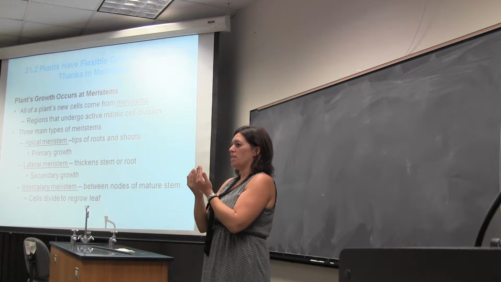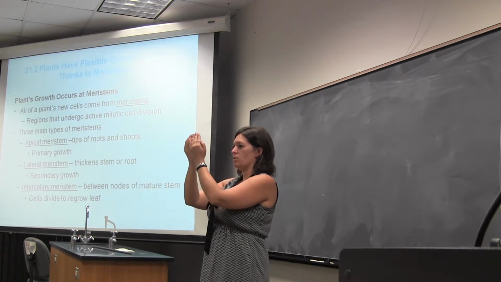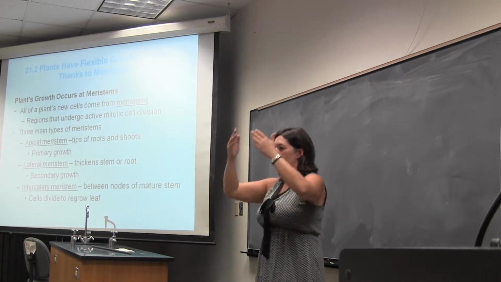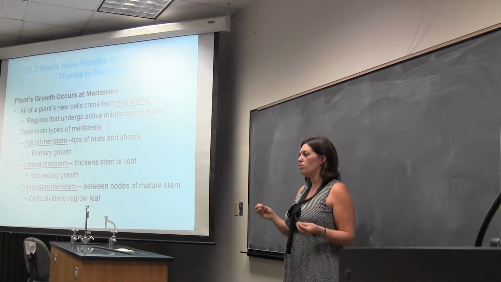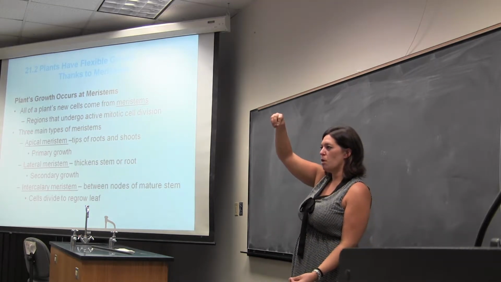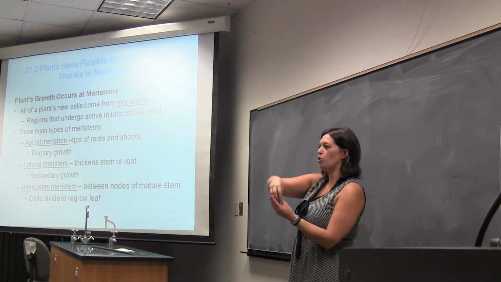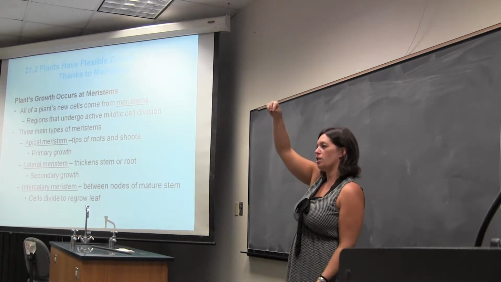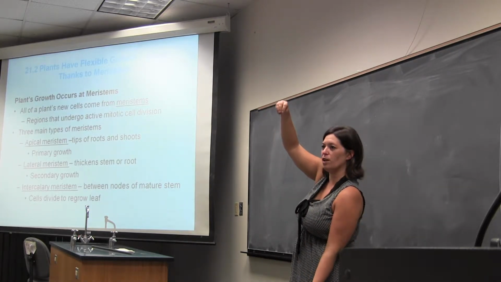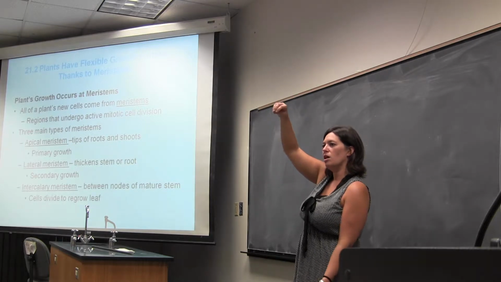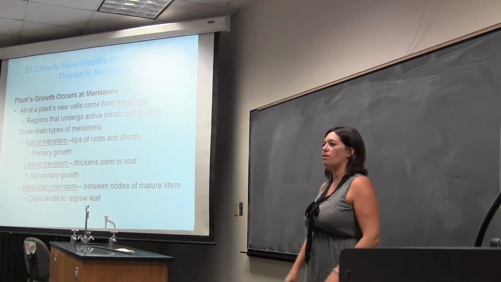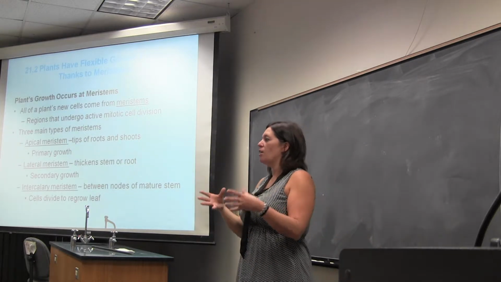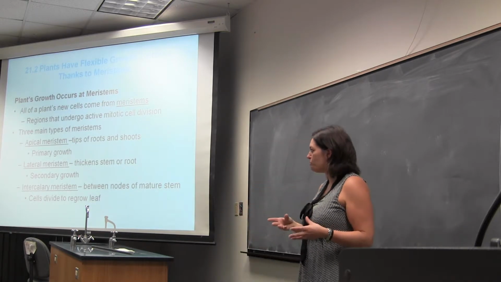That's what helps as the cells divide and you make more cells. That's what's going to allow the plant to grow up taller. So you've got these apical meristems that are responsible for the longitudinal growth of the plant. You've got one at the very top and then one at the very bottom associated with the roots. And again, all of these meristems are going to have actively dividing cells that are in mitosis.